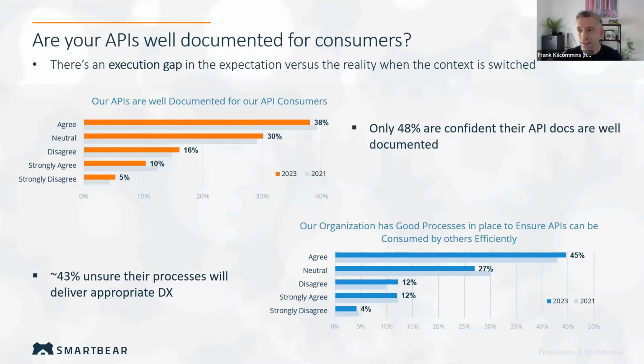There's a little bit of an execution gap between the expectation versus the reality when the consumer context is applied. Looking at it from a provider perspective, only 48% are confident their APIs are well documented, and only approximately 43% are sure that their processes will deliver the appropriate developer experience that they themselves would expect from a consumer perspective.